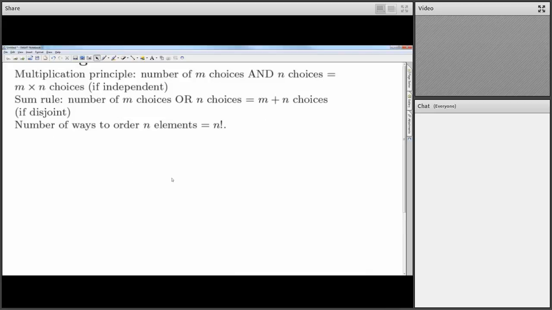We want to just try to count things, essentially. When you're counting, you want to be able to combine two sorts of things together. Just like with sets and logic, we have two key ways of combining: an AND and an OR. We also have NOTs, so you might want to consider not something at the same time.